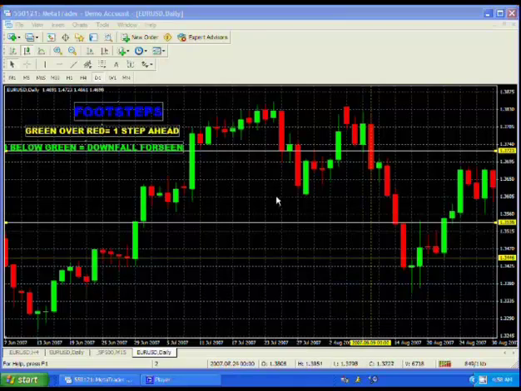Now, before we go further, I want to make a point here. Remember over here when we talked about the inside bar, how this is baby because baby is inside the womb of mother.